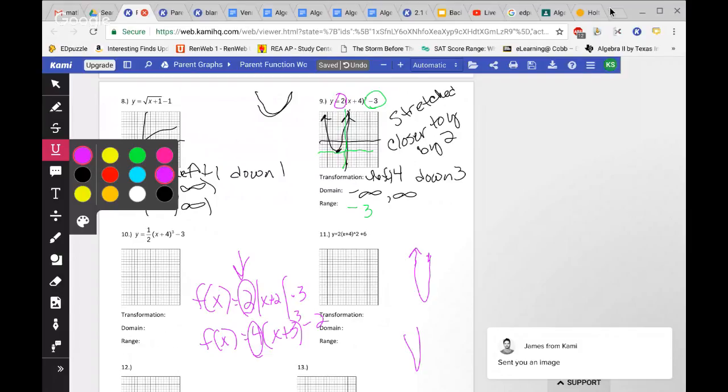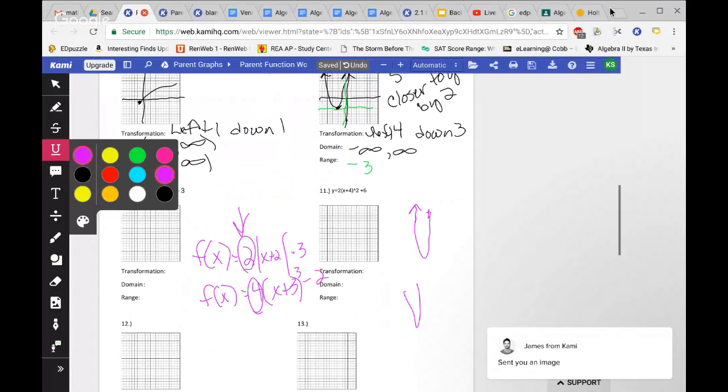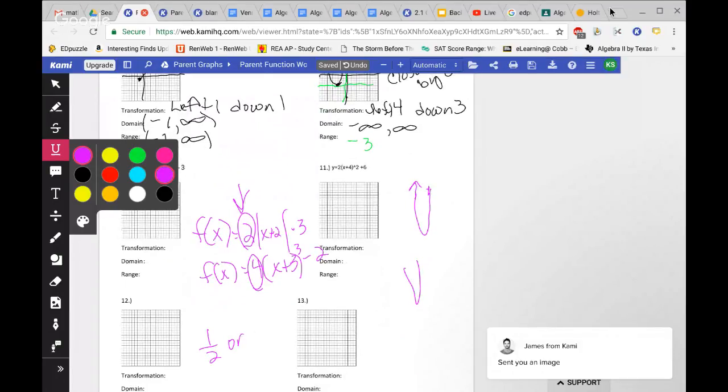If that number is less than 1, so let's say it's 1/2 or 1/4, I'm going to borrow this graph for just a minute. Let's just pretend this 2 was a 1/2, okay? It would make it fatter. So instead of being your regular quadratic, it would actually look like this.